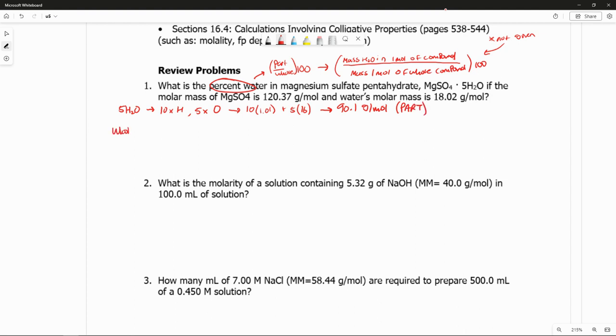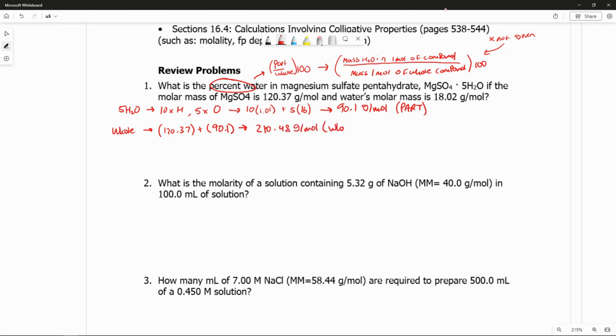For the whole, we're calculating the whole thing, MgSO4 and 5H2O. We are given MgSO4 here, and we've calculated 5H2O here, so all we got to do is add those together. We have the MgSO4, 120.37, plus the 5H2O, which is 90.1, and the whole will be 210.48 grams per mole.